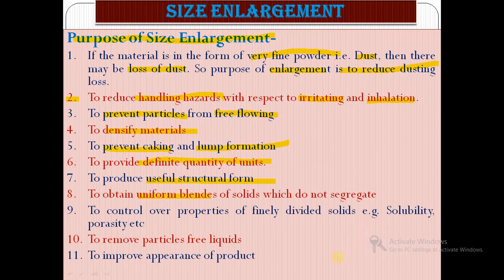For example, the dusting of particles is avoided by using size enlargement. Then, to remove particles from liquids, that is, we can remove particles from liquids by using this technique. Then to improve the appearance of the product. These are the purposes of size enlargement.